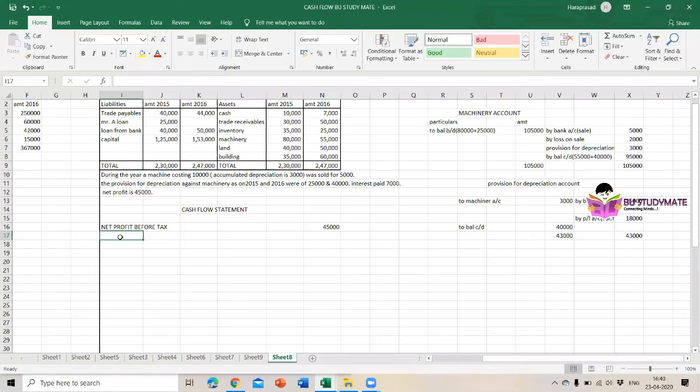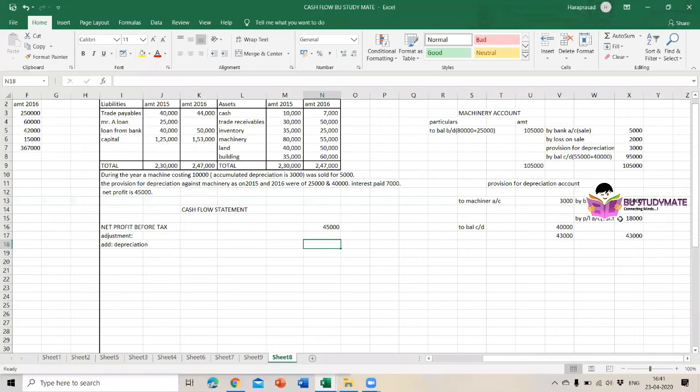Then we have to make adjustments. We have to add the depreciation. Depreciation we have calculated. How much? That is 18,000 rupees.